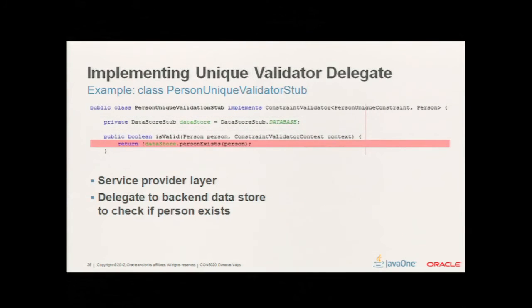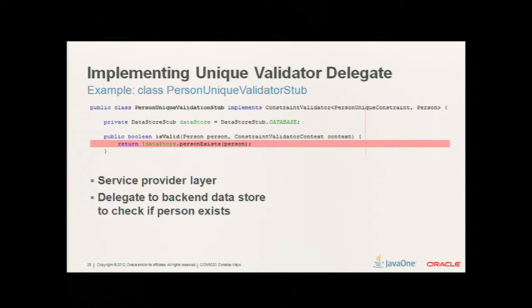We look to implementation, and here's one implementation for this interface, our constraint validator for person unique constraint. So it's at a service provider layer where we normally have some access to some data store.